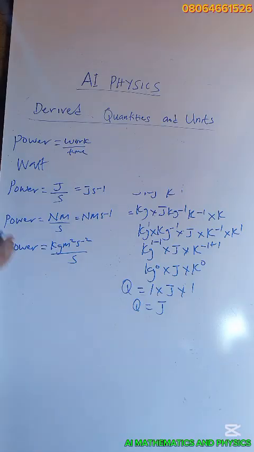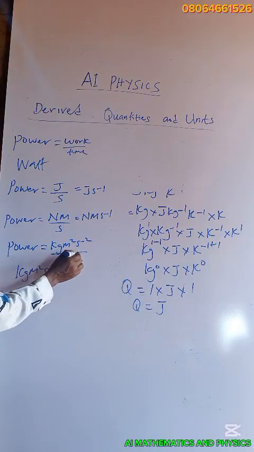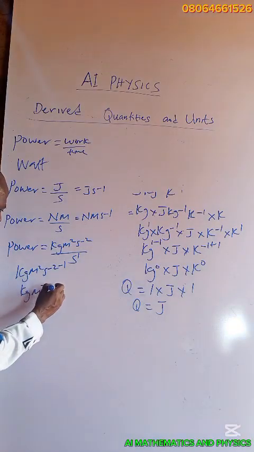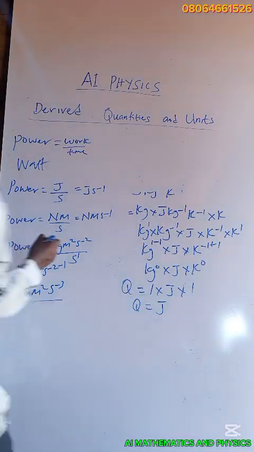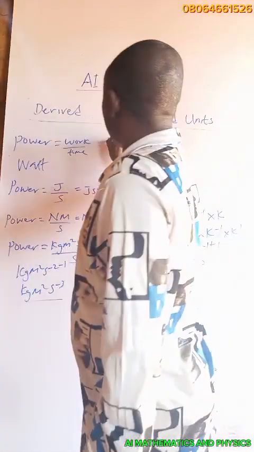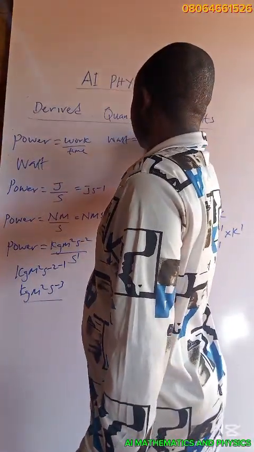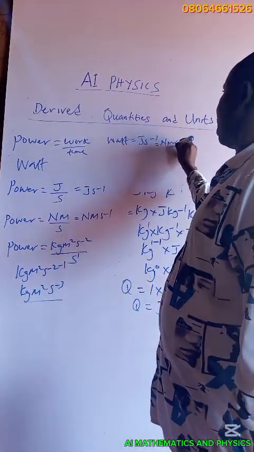When you simplify, you have kilogram meter square per second cubed. You can see now that the unit of power is watts, joule per second, Newton meter per second.